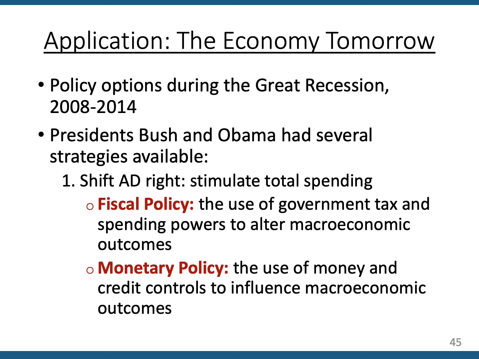That's one option. So that would shift the aggregate demand curve to the right. Monetary policy is where you would adjust the size of the money supply, which influences interest rates. And if you lower interest rates, that influences spending, makes people want to spend more money. And that would shift the aggregate demand curve to the right. So that was an option.